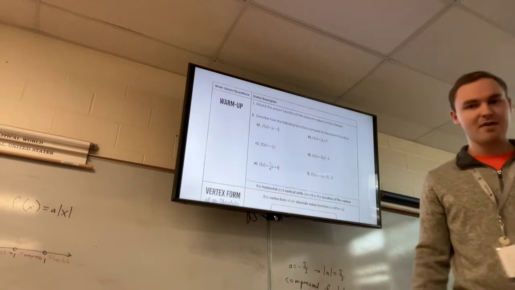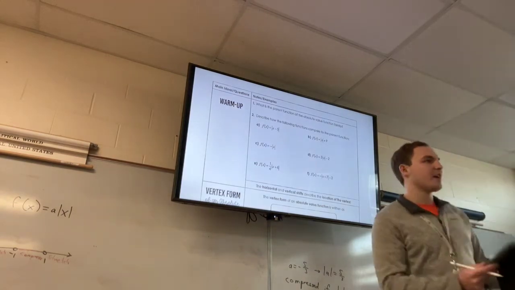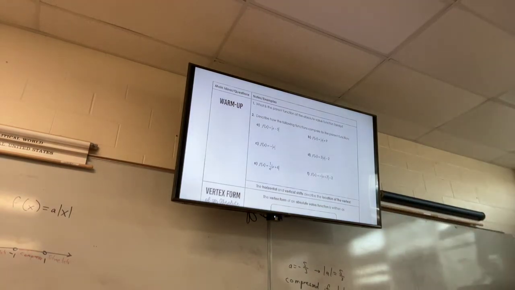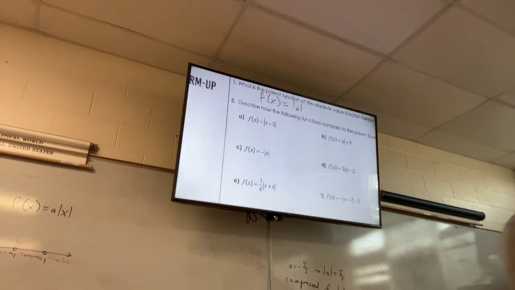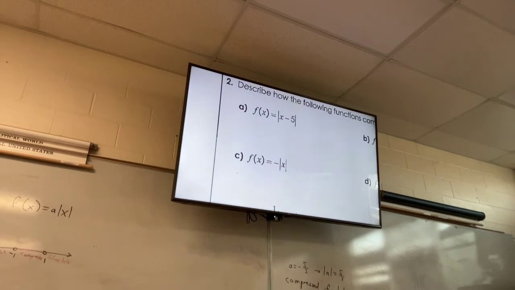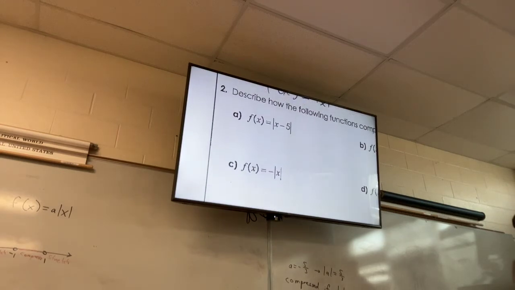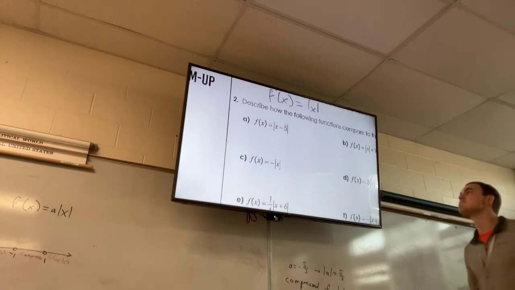What's the parent function of the absolute value functions family? Yep, exactly. f of x equals the absolute value of x. So let's describe how the graph of A compares to my parent function graph.